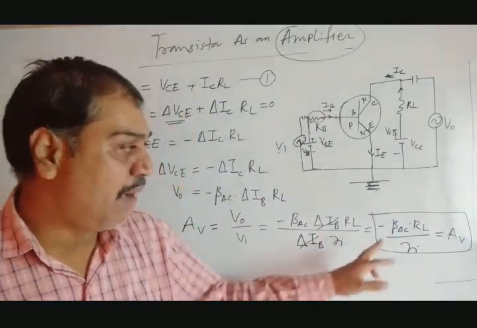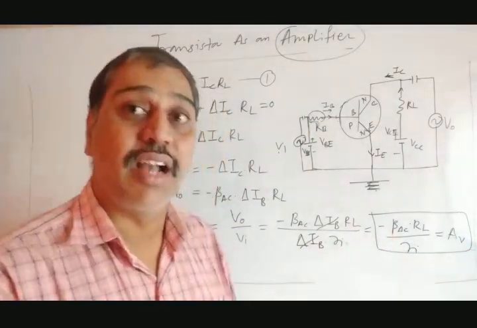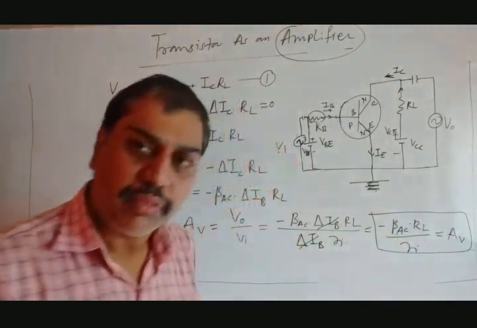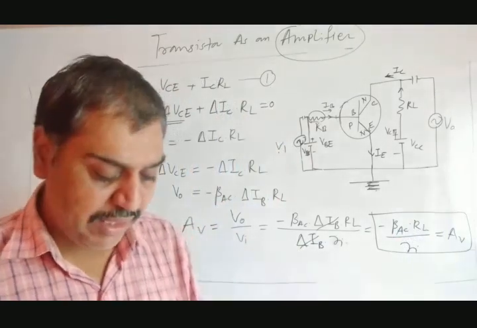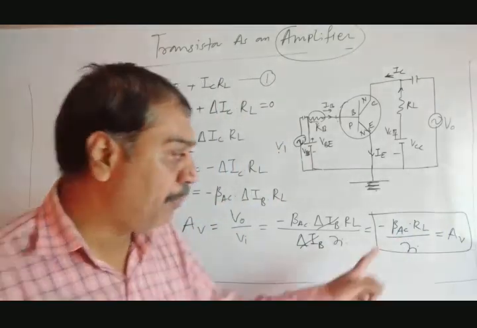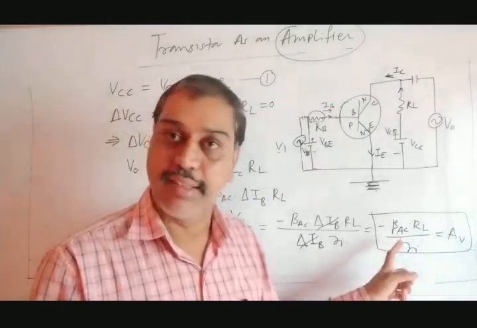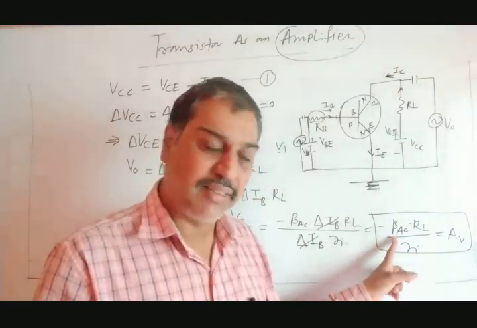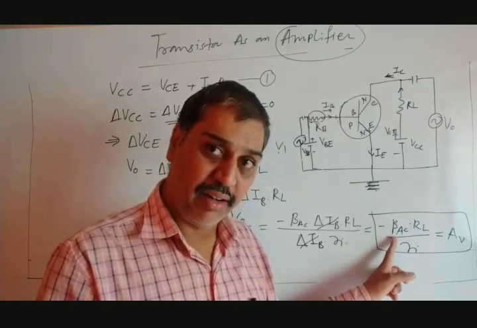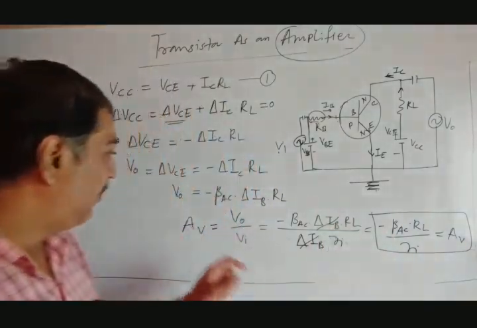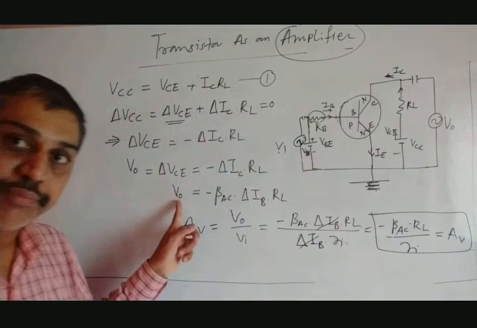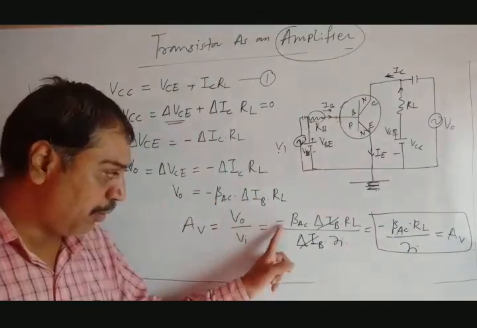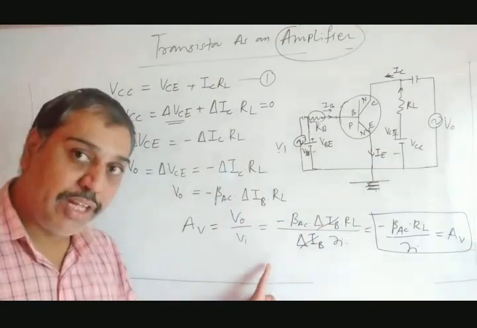As we know, the value of beta is always greater than 100 basically, or we can put any value. According to the manufacturing company, they first decide the value of beta, then they manufacture the transistor. Similarly, the value of beta DC we can choose. Now in this case, this value is negative here. Same thing if we see here, output voltage is negative, but input voltage is positive.